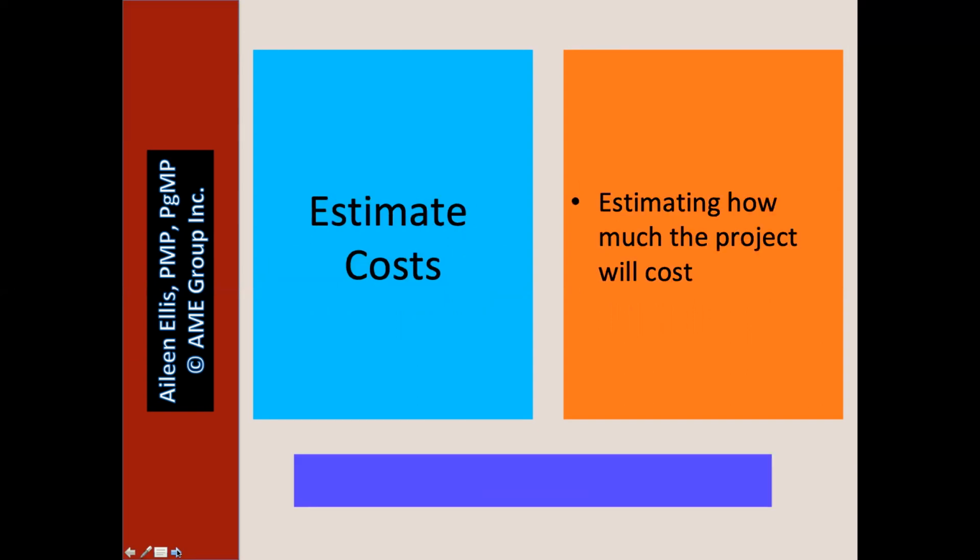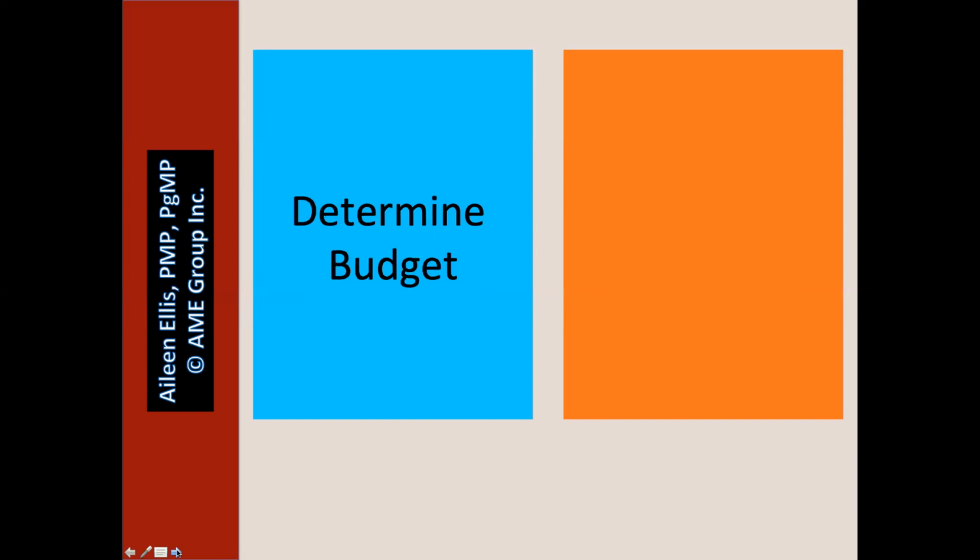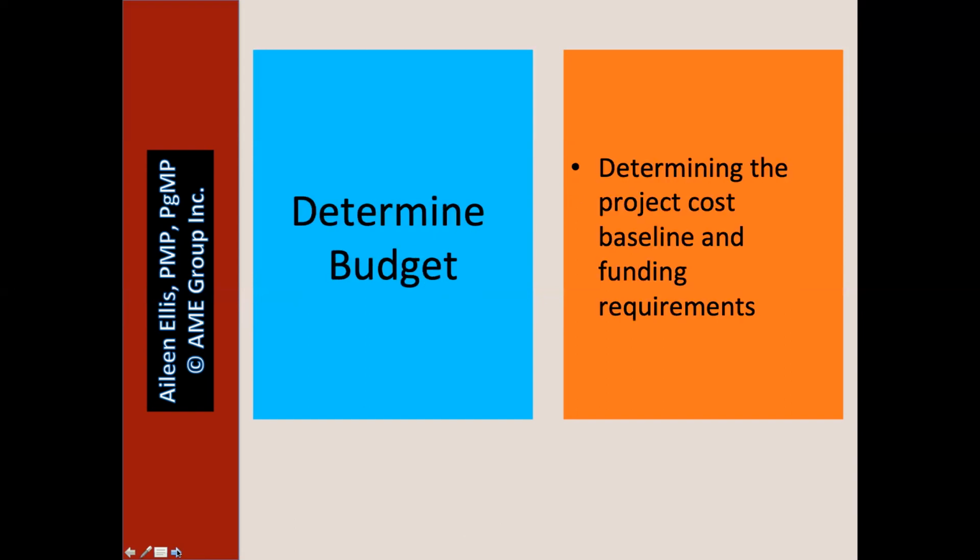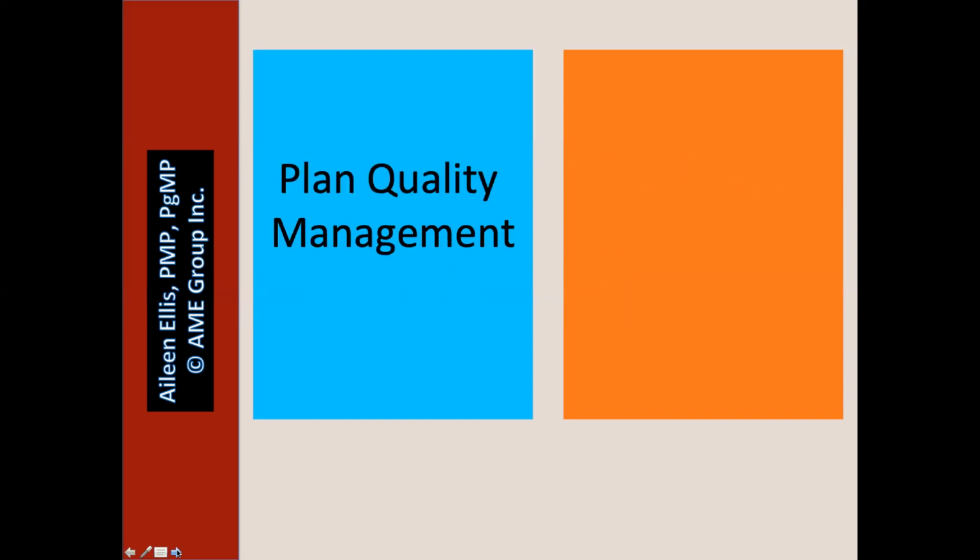Estimate costs, estimating how much the project will cost. Remember, this process is similar to estimate activity resources and estimate activity durations. Determine budget, determining the project cost baseline and funding requirements.